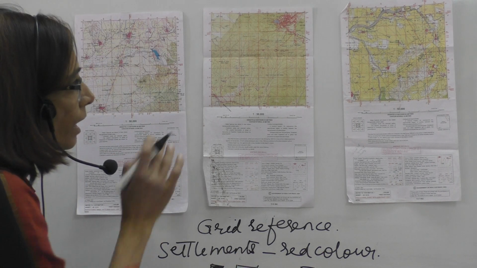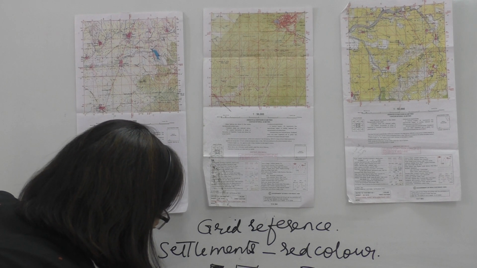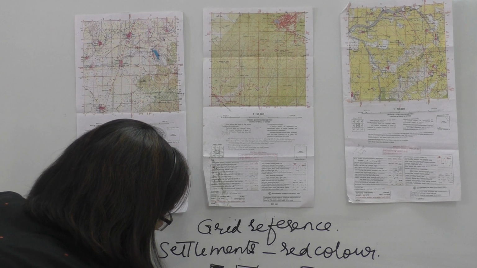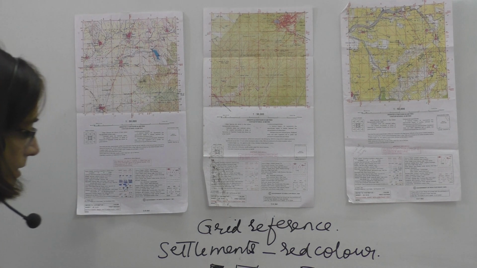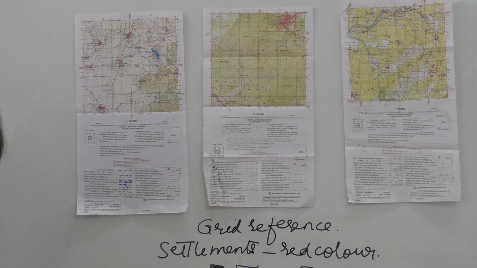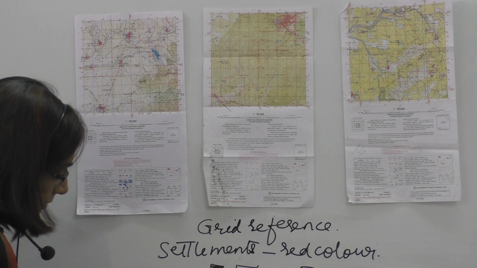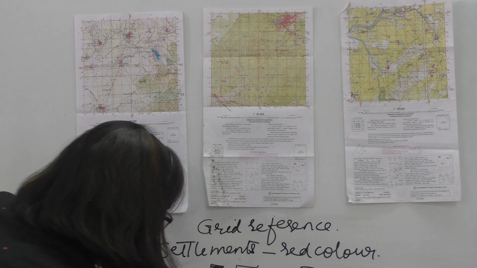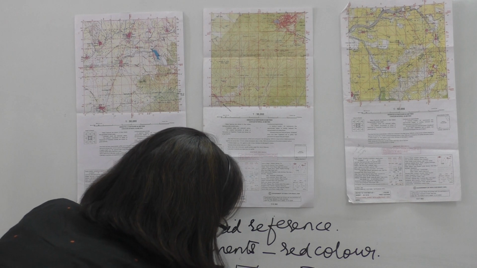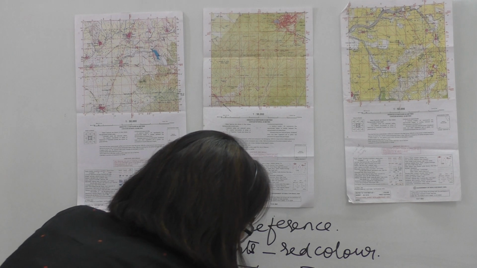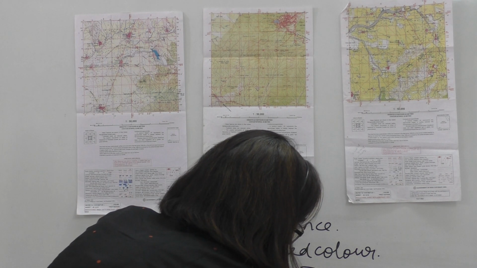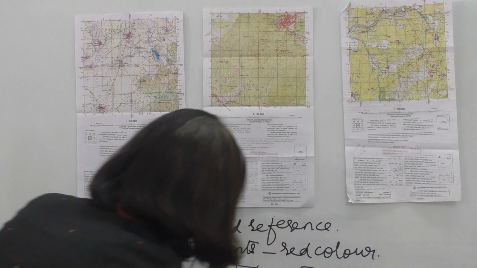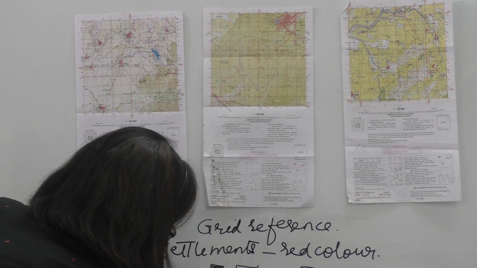They may ask you about triangulated height. A triangle is made and the height is written beside it. There are other ways heights are represented, like spot height.